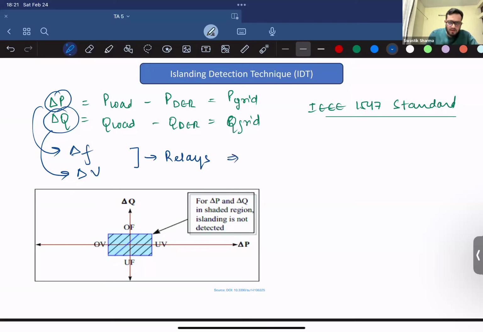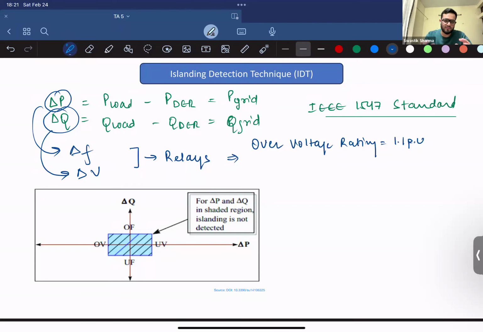So these relays have certain set points. They have an over voltage rating of 1.1 pu. Not all relays trip instantly. If a fault happens for a very small amount of time, the relay won't trip.